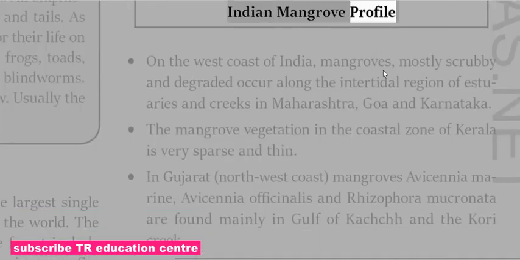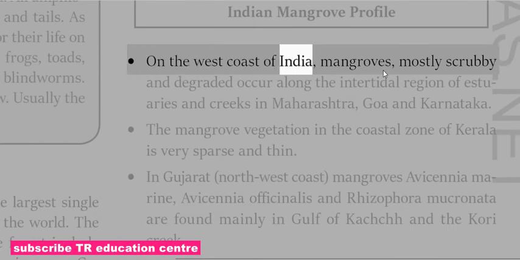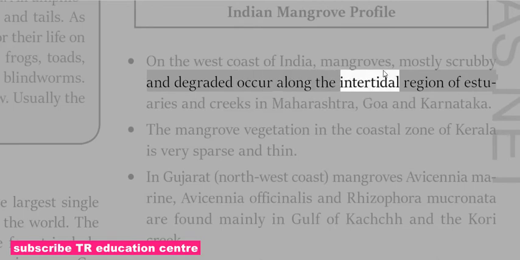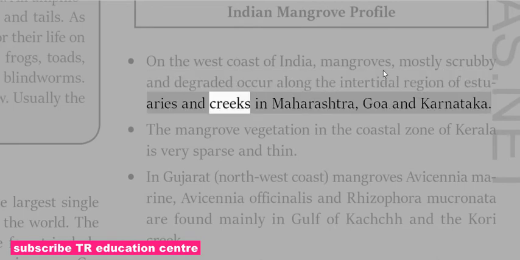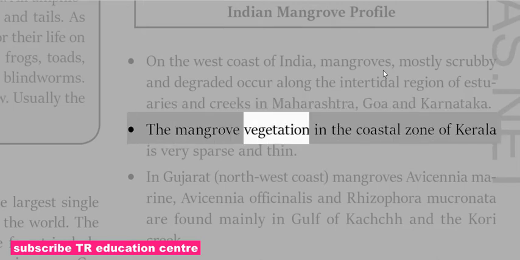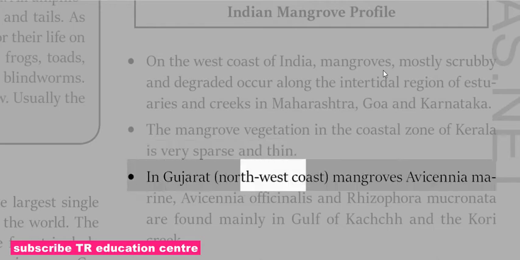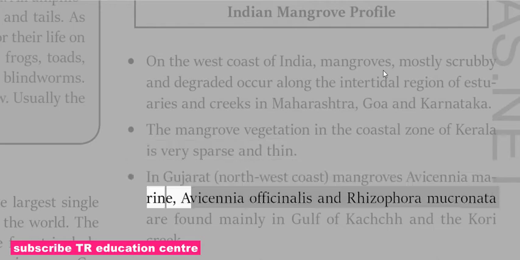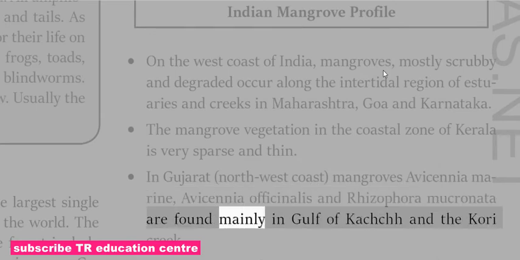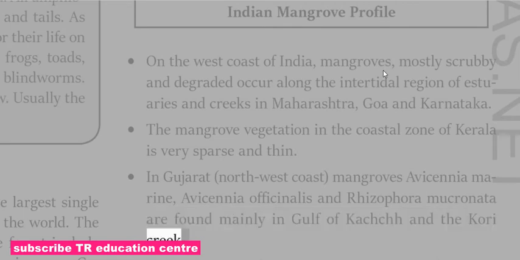Indian mangrove profile on the west coast of India. Mangroves, mostly scrubby and degraded, occur along the intertidal region of estuaries and creeks in Maharashtra, Goa and Karnataka. The mangrove vegetation in the coastal zone of Kerala is very sparse and thin. In Gujarat, northwest coast, mangroves Avicennia marina, Avicennia officinalis and Rhizophora mucronata are found mainly in the Gulf of Kutch and the Kori Creek.